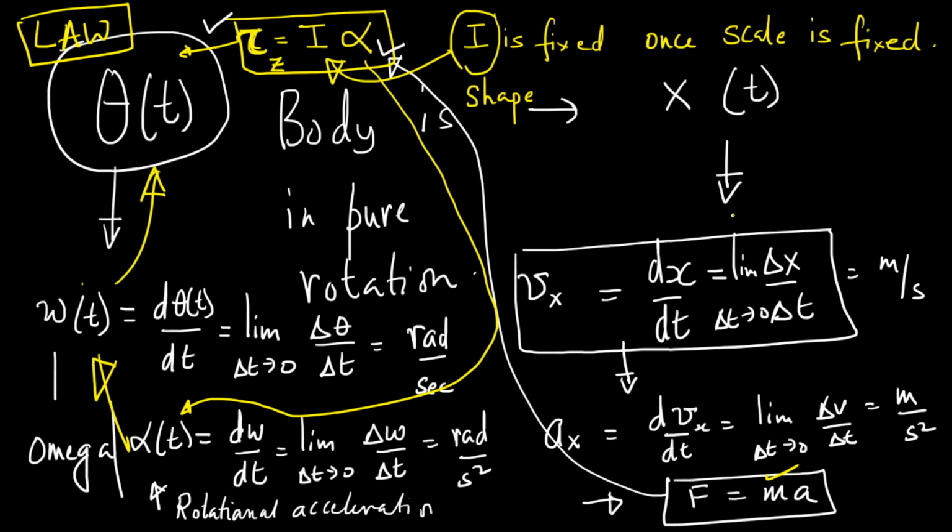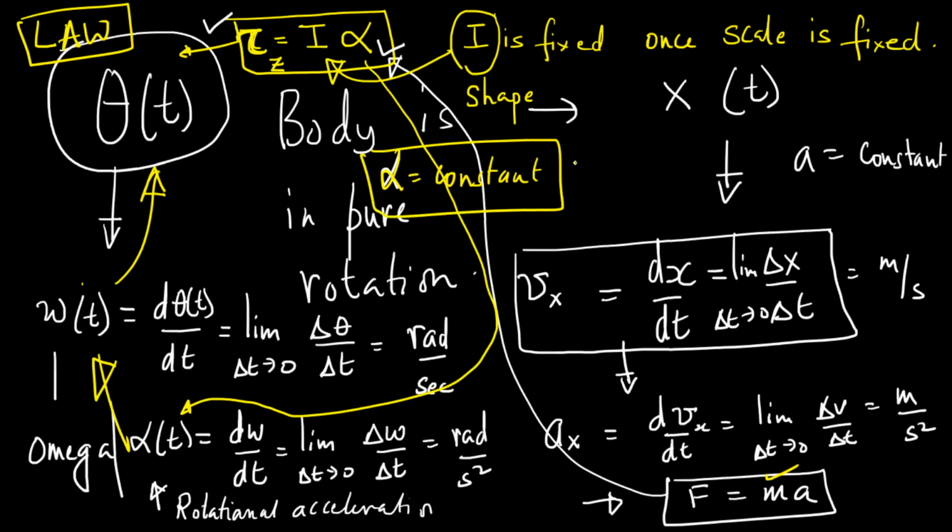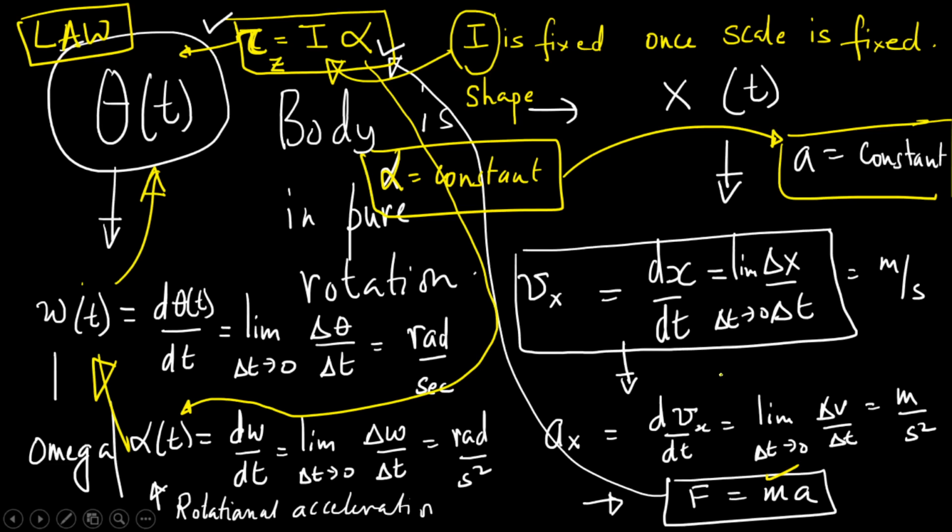Now, one more time, just to remind you, a equal to constant is an important case, much similar to that, alpha, the rotational acceleration, equal to constant, is an important subcase which runs completely parallel to this, which is hardly a surprise because all the definitions are completely parallel, but it is good to summarize nicely with the correct notations.